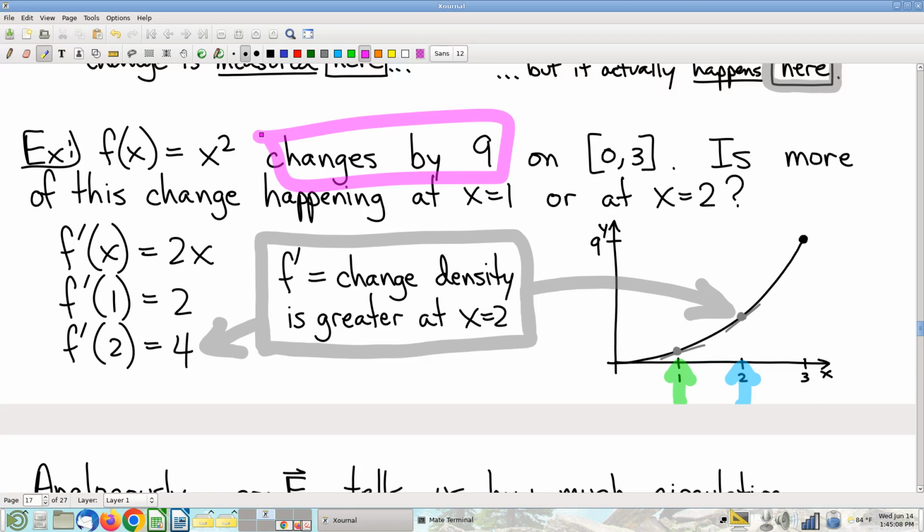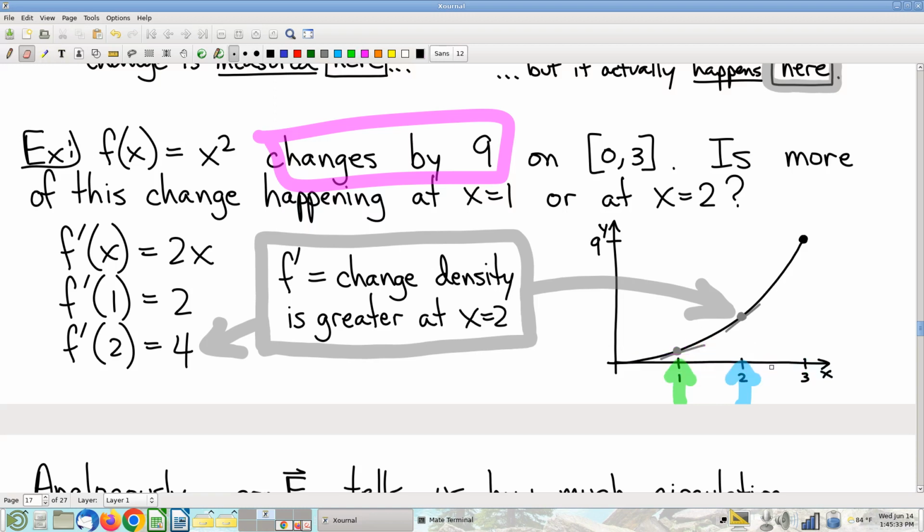And again, don't fall for the ridiculous line of, oh, well, the change happened at the endpoints. No, it didn't. The change was measured at the endpoints. The change obviously is happening over the course of the interior, right? If the change is distributed across this interior, at which one of these is there more of it?